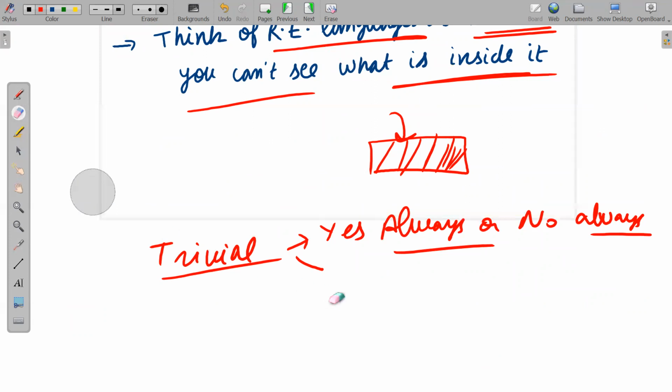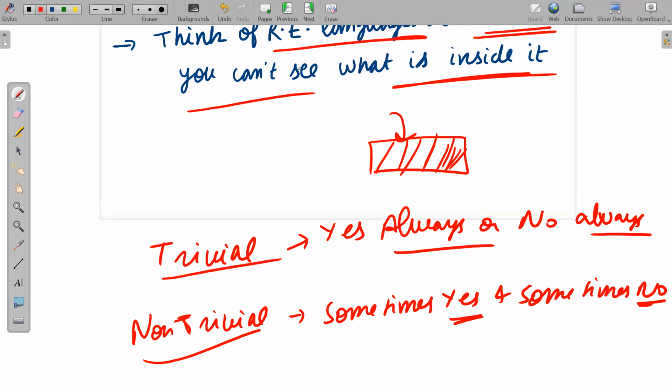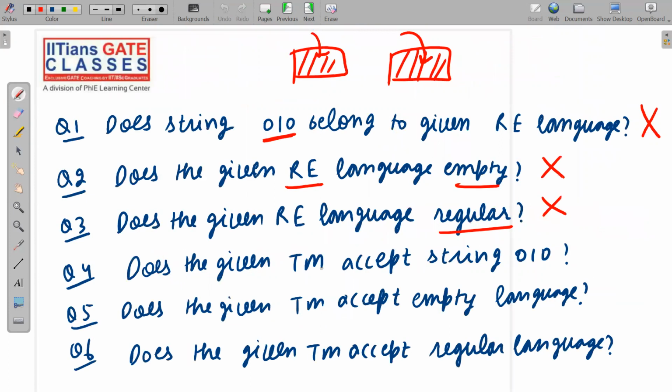And non-trivial means sometimes yes and sometimes no. I hope I have made the point clear about what exactly is trivial and non-trivial. So all these are undecidable problems.